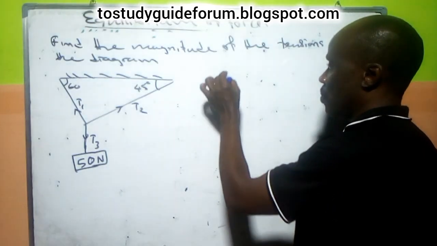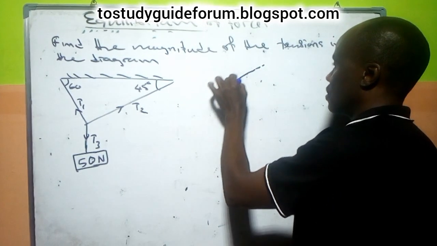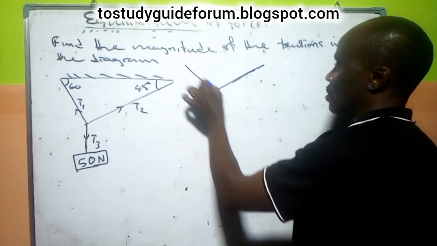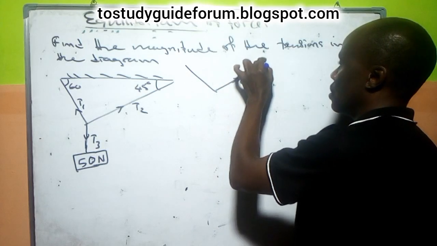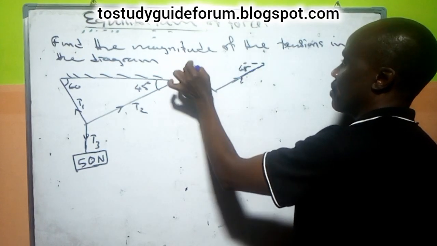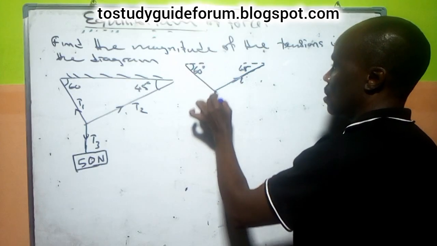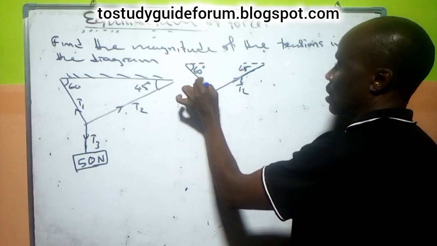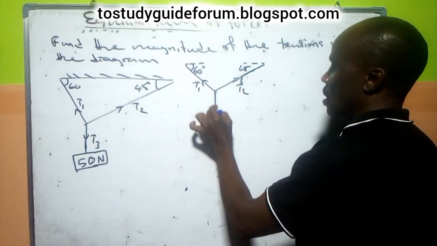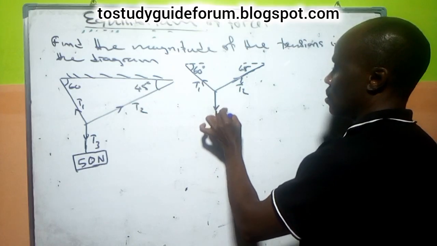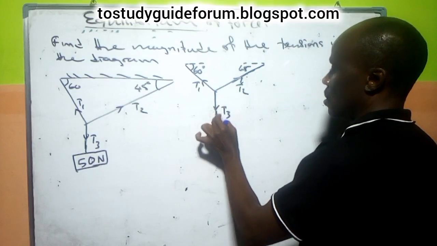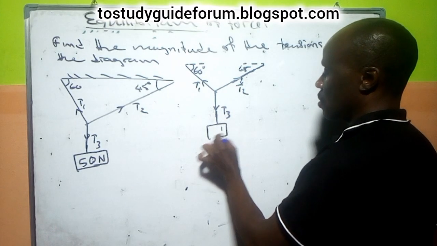We make a force diagram of that. The forces, diagram of the forces, we have here to be angle 45. This other place will be angle 60 degrees. Here is T2, there is T1, and down here is T3.